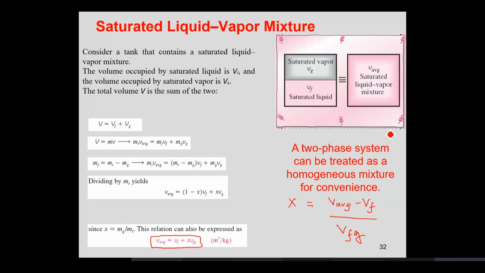We would like to see how this would appear on the PV diagram on an isothermal phase transformation line. How would x appear? Let's see. This is the formula, I'll write it again for you: x equals V average minus Vf over Vfg.